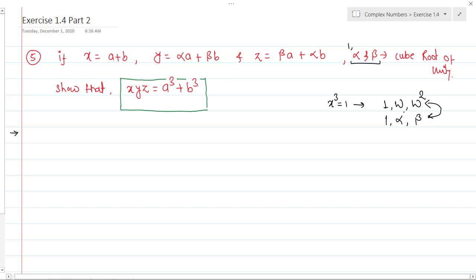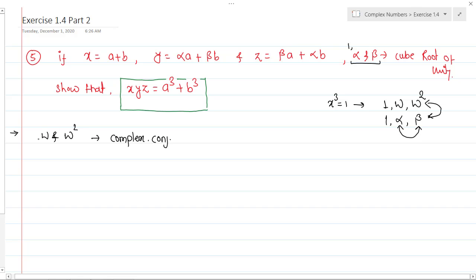Also we have seen in the properties of the cube roots of unity that omega and omega square are complex conjugates of each other. Yes or not? They are complex conjugates of each other. So alpha and beta should also be complex conjugates.